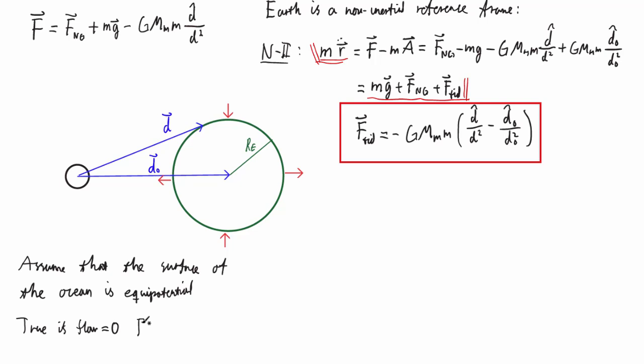Because in that case, the non-gravitational forces that act on the water parcel are just the forces due to pressure. And the pressure is going to be perpendicular to the surface. That in turn gives us that mg plus F tide is perpendicular to the surface.